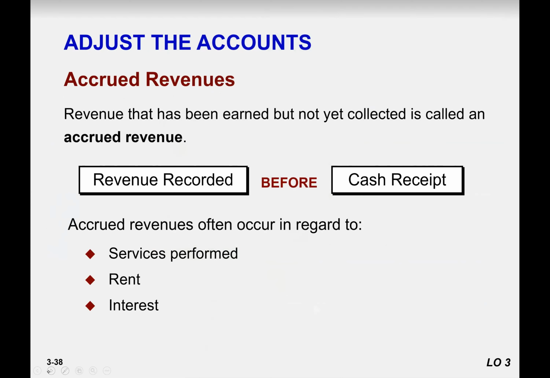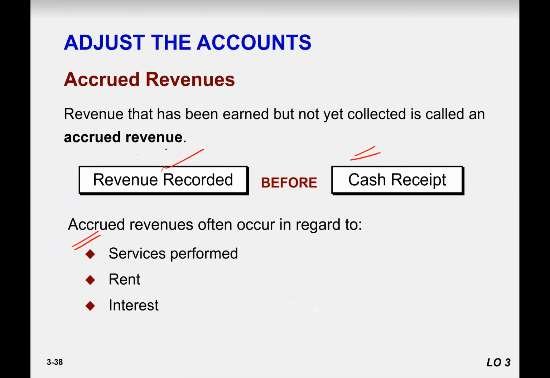Similarly, the accrued revenue. Revenue recorded before cash received. So when you perform the service, the customer will pay you later. When it's time for receipt, we create assets.